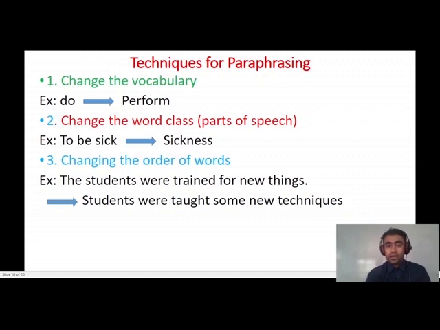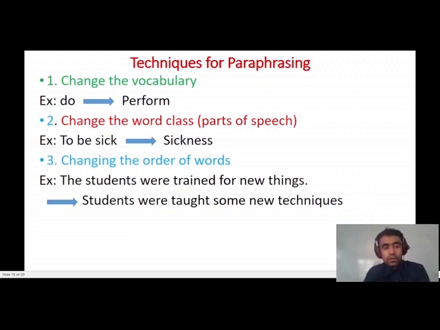Generally you can change from active to passive or from passive to active, or change other sentence structures. For example, you can break down a complex or compound sentence into two or three other sentences.